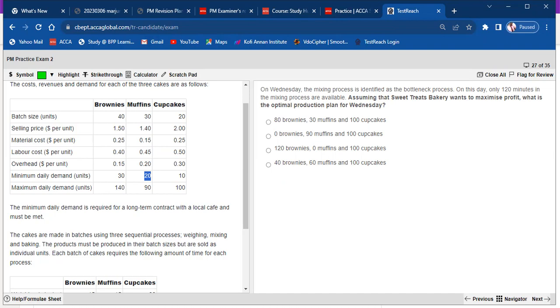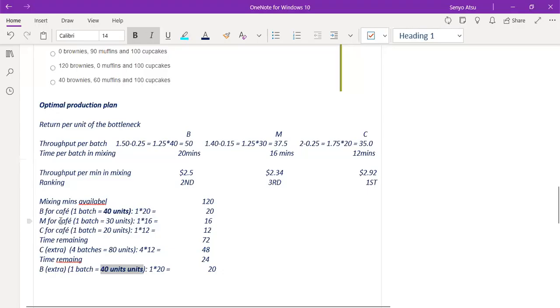How many muffins? Muffins, 30. And that's it. Muffins is 30. They can't produce any extra. Cupcakes, produce 20 units plus 80 units.